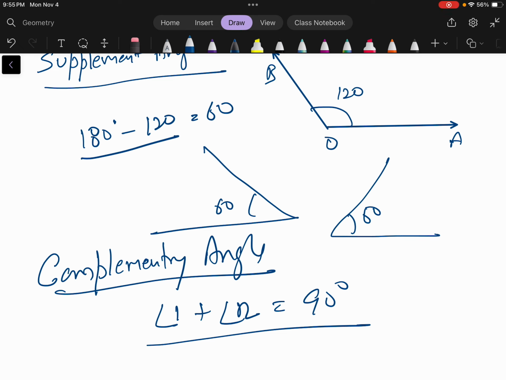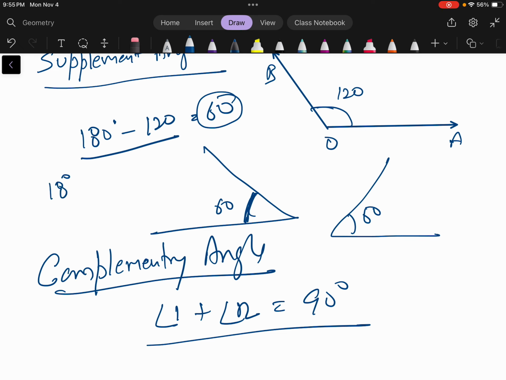What is complementary, and what is a supplementary angle? Supplementary angle, where here 60 degrees is there. A supplementary angle is if I subtract an angle from 180 degrees, whatever the result we get is known as the supplementary angle.